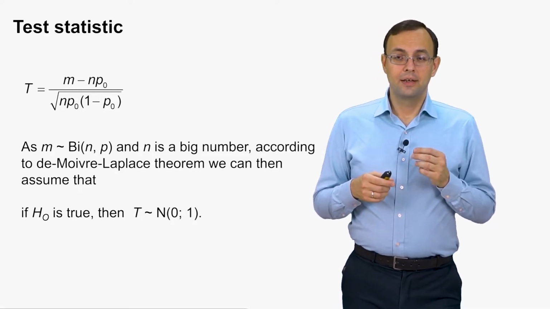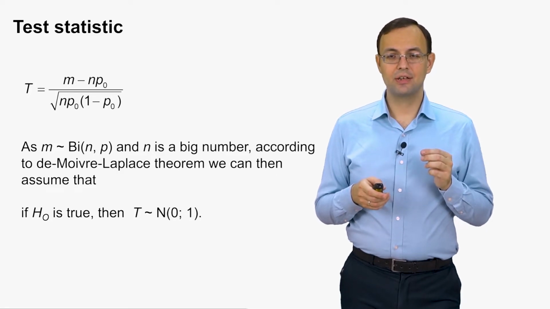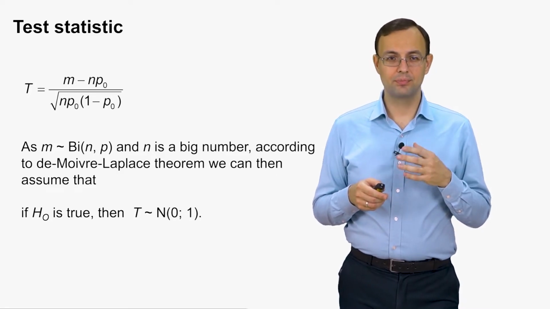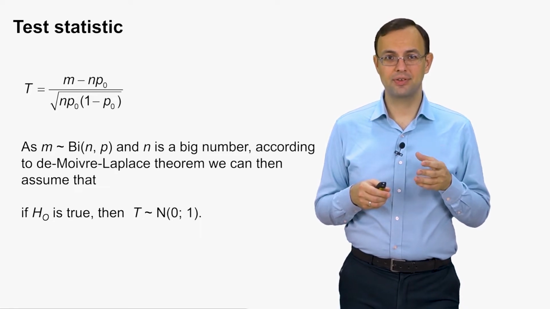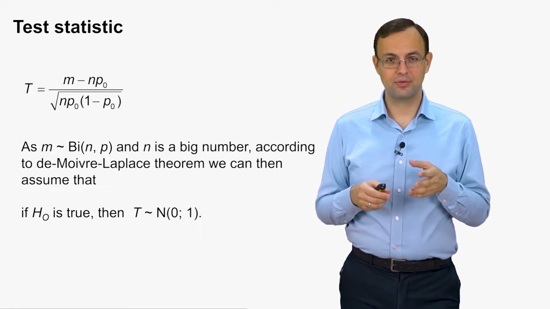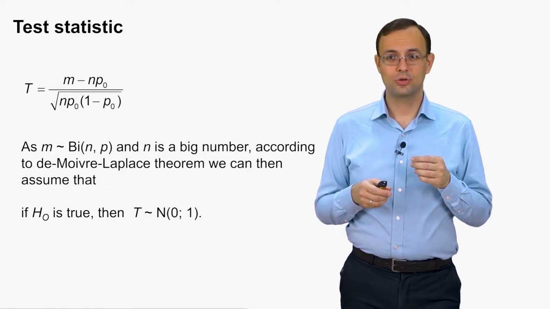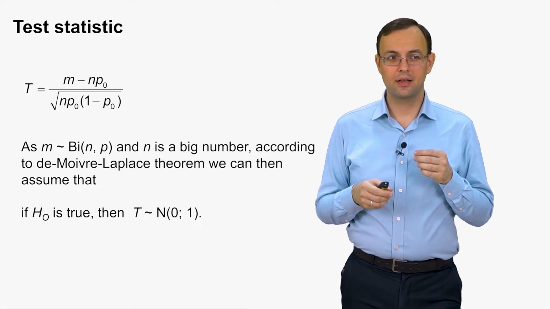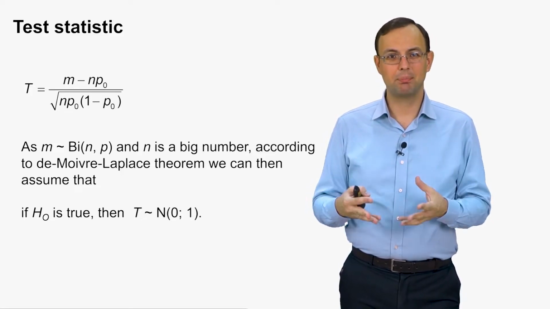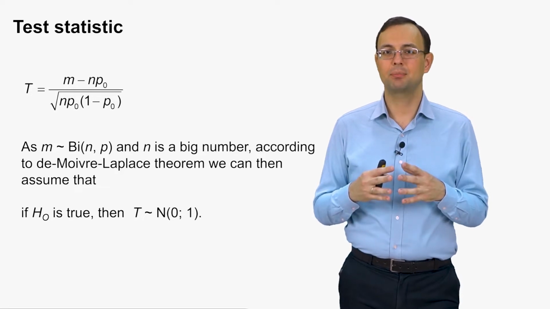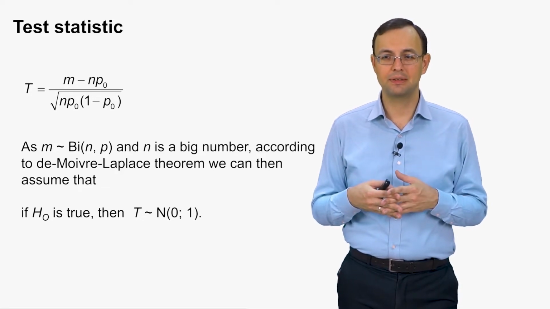So as m is actually the number of successes in a series of Bernoulli trials, then we can say that m is a random variable that follows a binomial distribution with parameters n and p. According to the physical meaning of what is happening, m is a binomially distributed random variable.